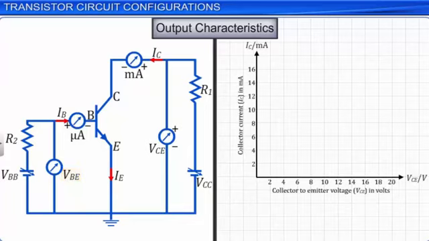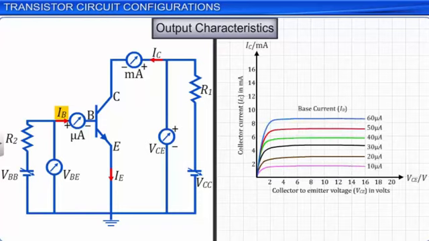As a result, the base current IB and the collector current IC increase proportionately. Thus, the different constant values of the base current IB give different output characteristics as shown here.